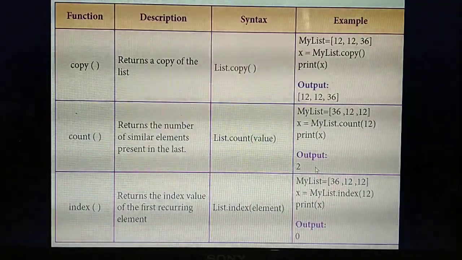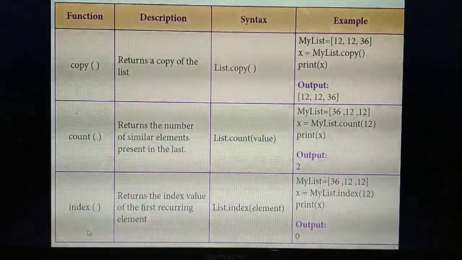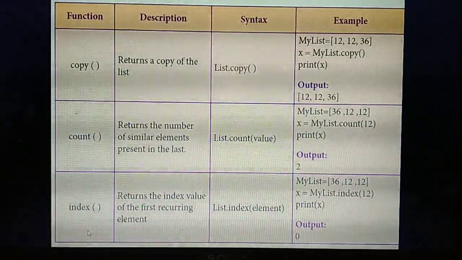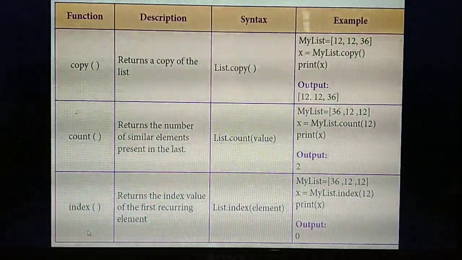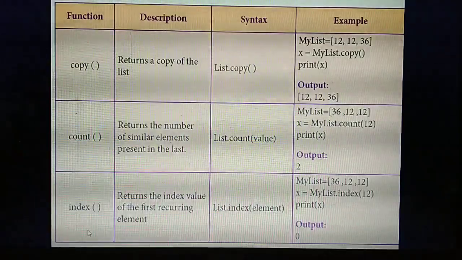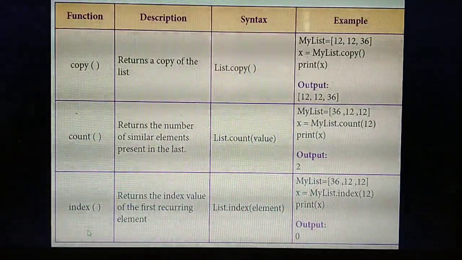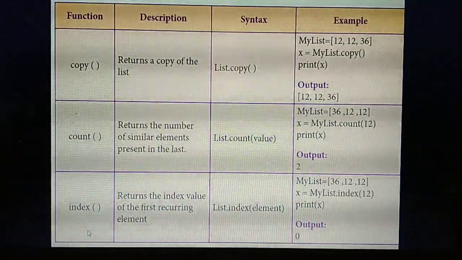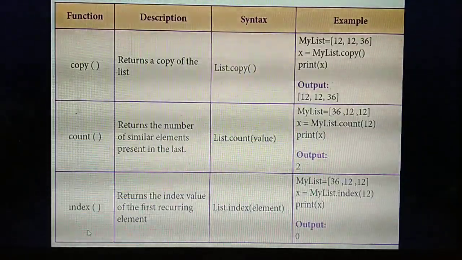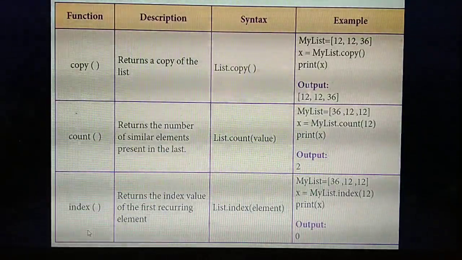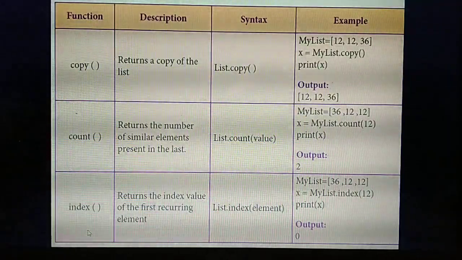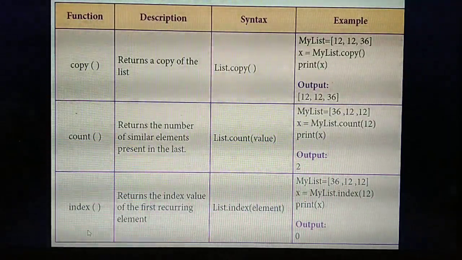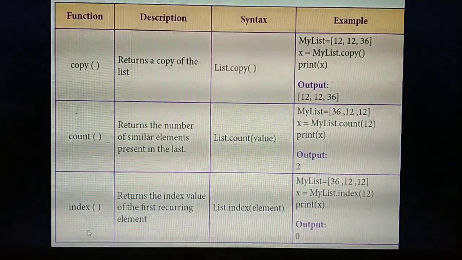Understand? Yes. So next thing is index. Index means it will return the index value of the element, that is, the index value of the first occurring element. It will always return the index value of the first element. The index value always starts from 0.